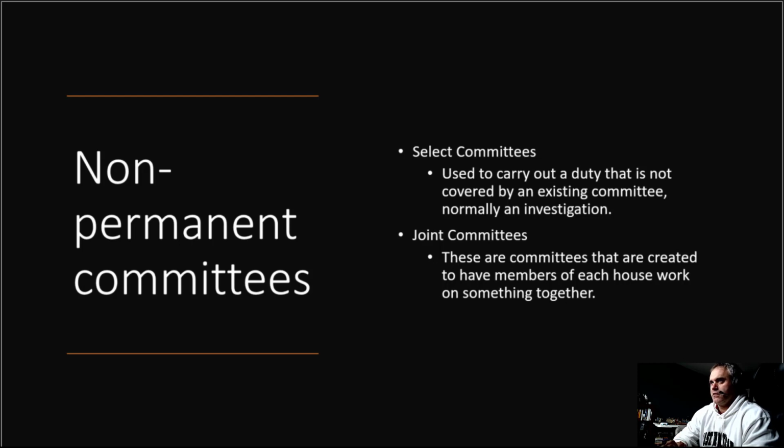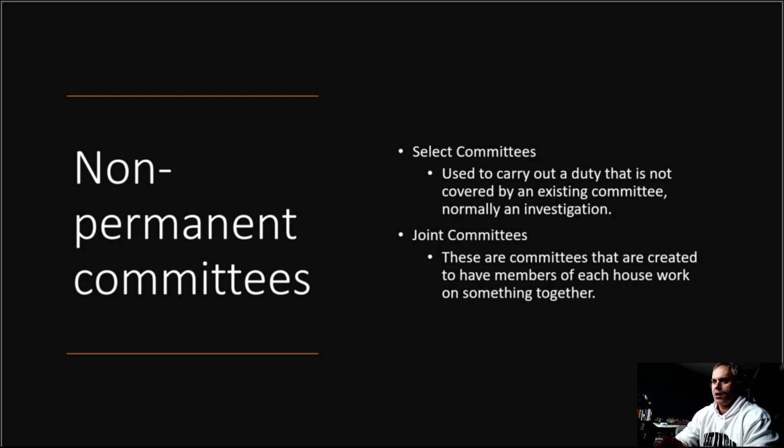So let's put it this way: if Congress had passed similar bills on education, but obviously they're not the same, they're just very similar and not exactly the same, I would probably select members from the committee that deals with education from the House and the Senate to then form a joint committee to hammer out the details of what the final bill will look like. And the thing to take note of is that they don't always succeed in producing one final document.